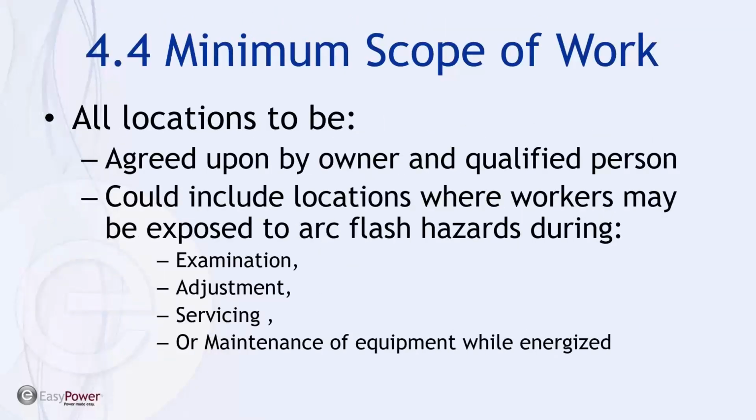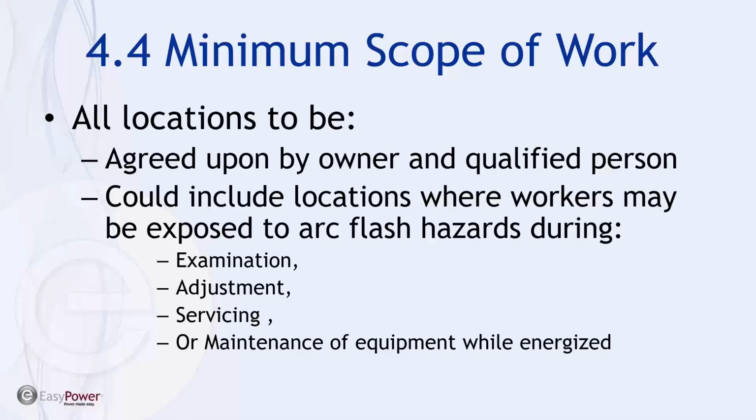Now, this to me was an interesting change. It's a description of the minimum scope of work, because it's a reduction in what was listed in the original 1584.1. And there's an emphasis on the fact that these locations need to be agreed upon by the owner and a qualified person.